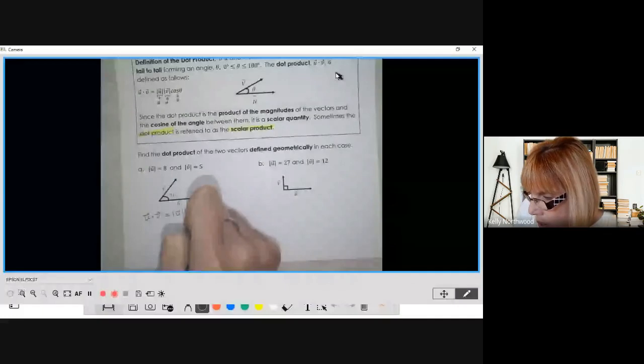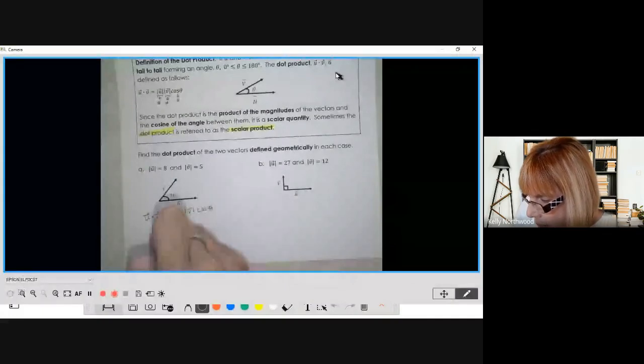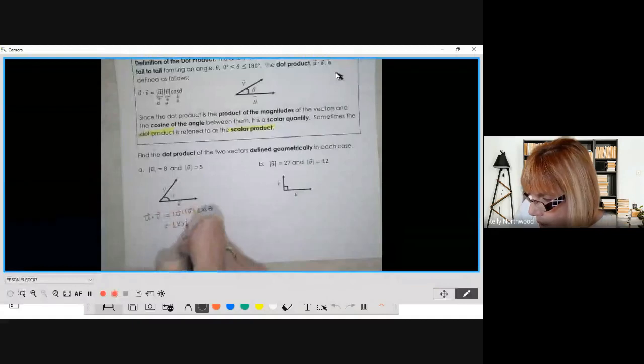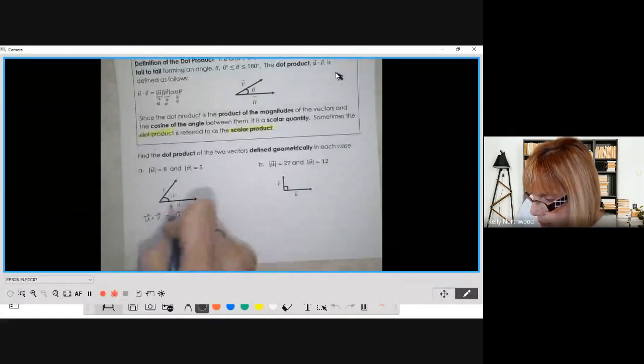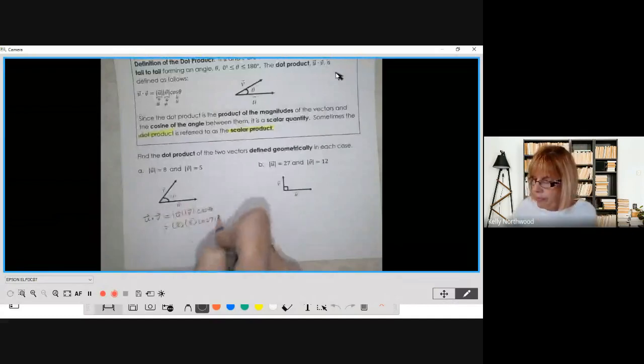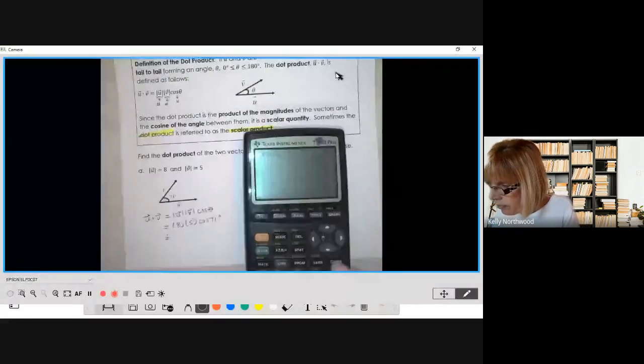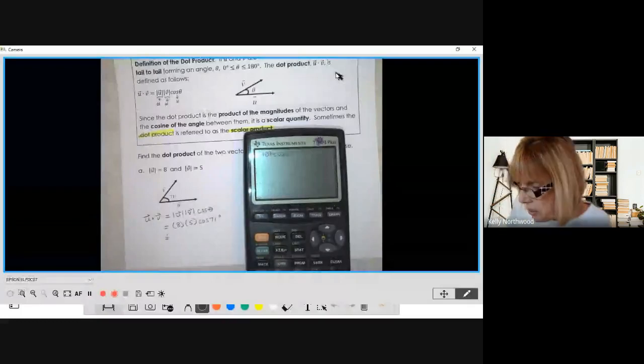In our case, the magnitude of vector u is 8, the magnitude of vector v is 5, and the angle between them when they're tail to tail is 71 degrees. Then we can use our calculator in degrees to find that. I get approximately 13.0.